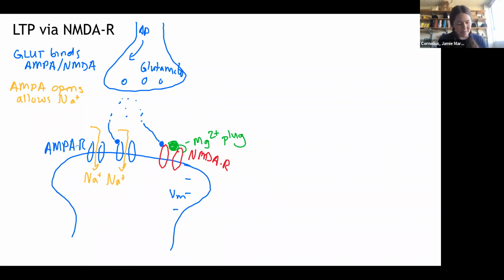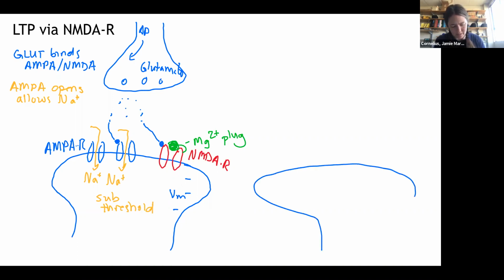So we'll just say this. This is sub-threshold. So in that scenario, you didn't get an action potential or an NMDA activation. But let's say there's twice as much AMPA. And therefore, when there's a glutamate event from the presynaptic cell, you get twice as much sodium flow.